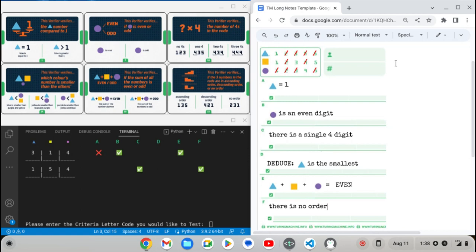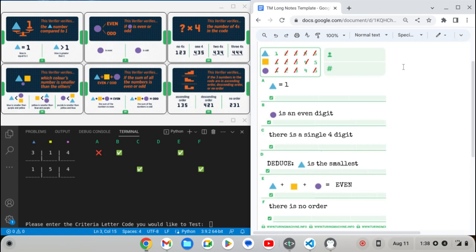Okay, and that would basically eliminate 1, and we're eliminating 1 because, you know, we're deducing that triangle is the smallest, and we can eliminate 3 because we need the solution to have no order.